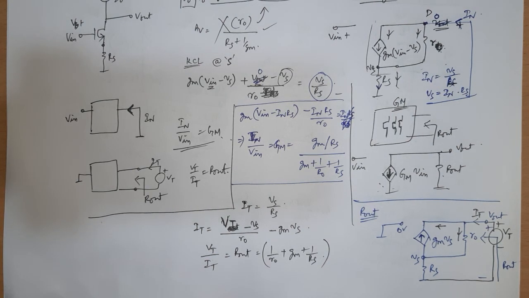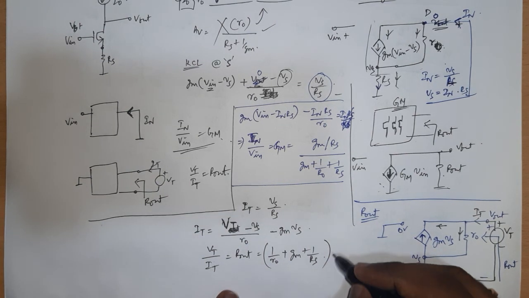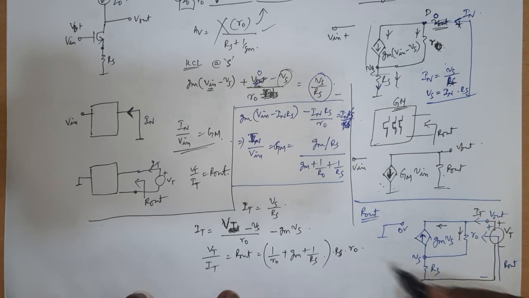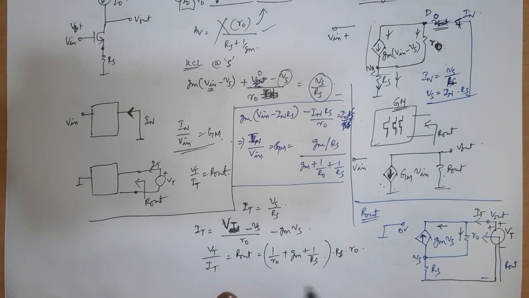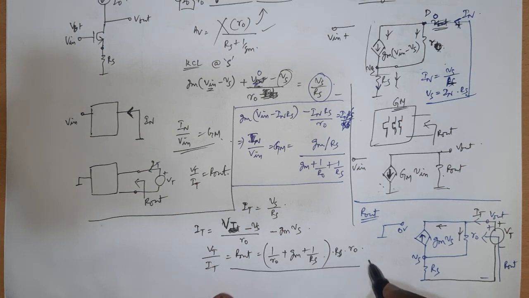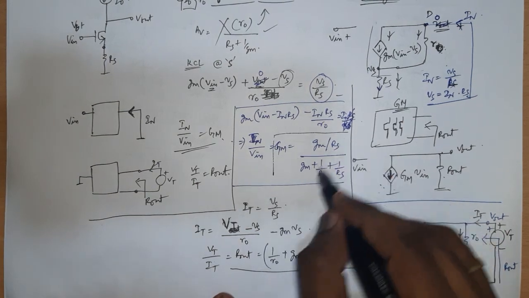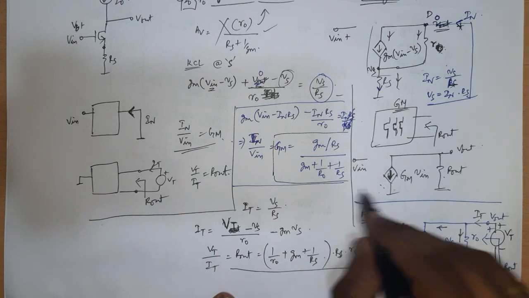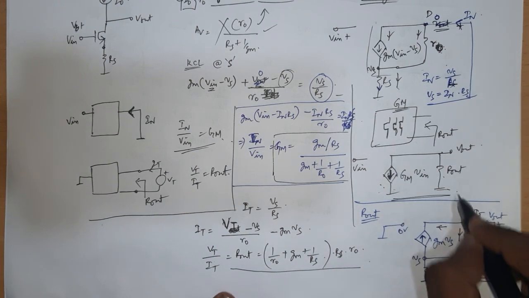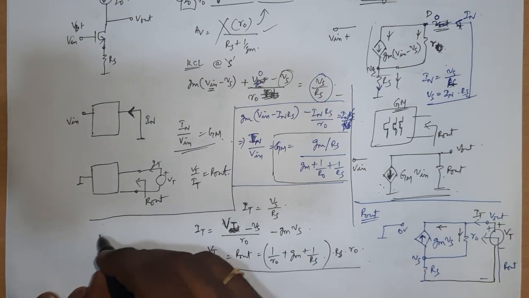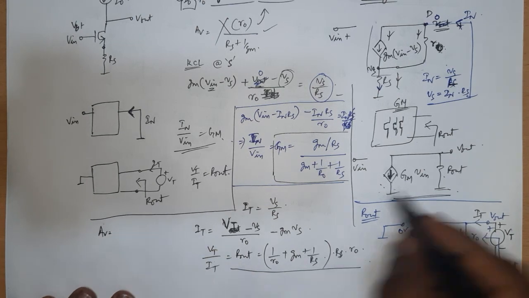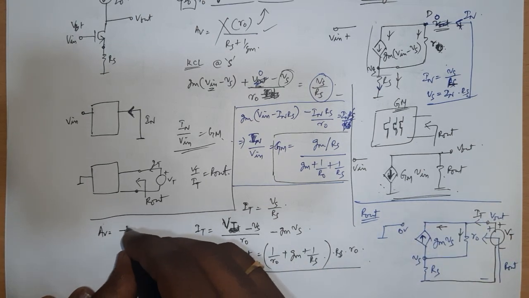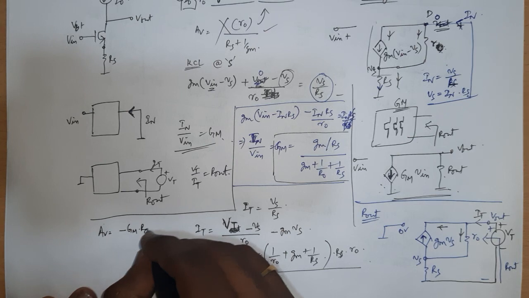So this is essentially your R out, times Rs times R0, and this is your Gm. Right, now if you substitute in this equivalent network, you are going to have your gain, which is nothing but minus Gm times R out.